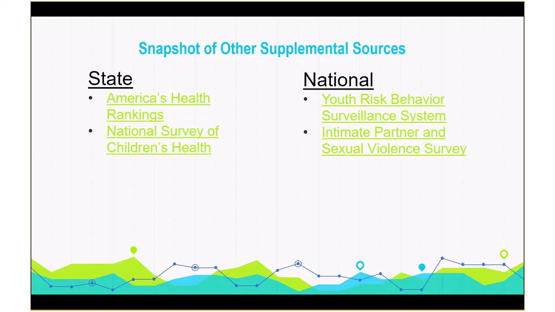And now that we've looked at a few different local sources of data, we're also going to look very quickly at a few different state and national level data sources. The first we'll look at is America's Health Rankings, which is a site that provides state level data on various indicators, including health behaviors, community and environmental variables, health outcomes, policies, and clinical care.